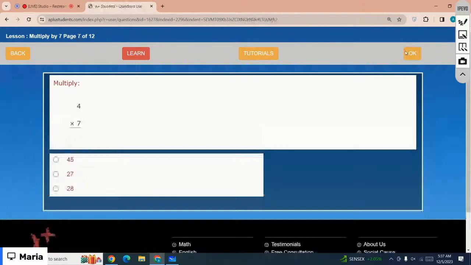4 times 7 equals. The correct option is 28. 4 times 7 equals 28.